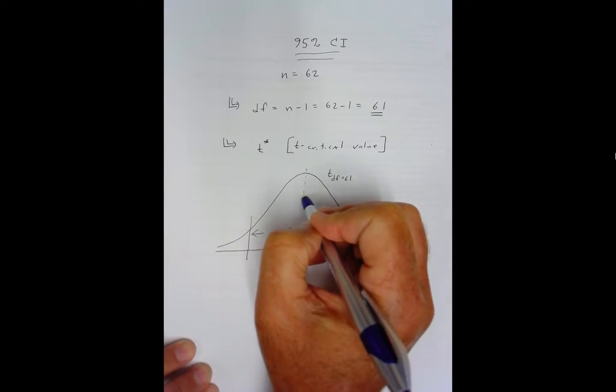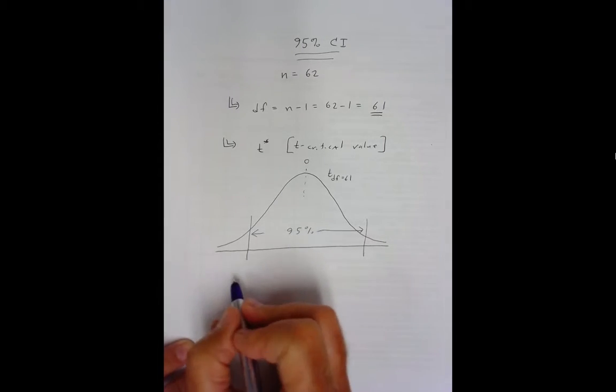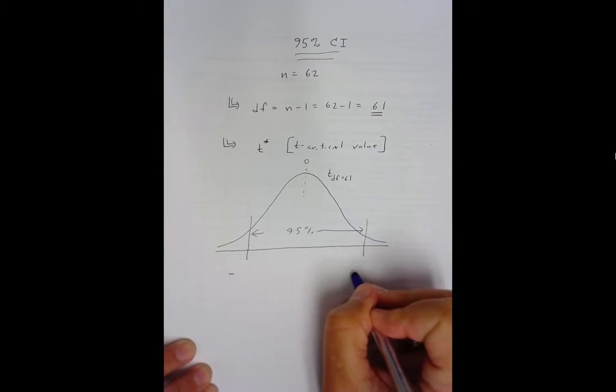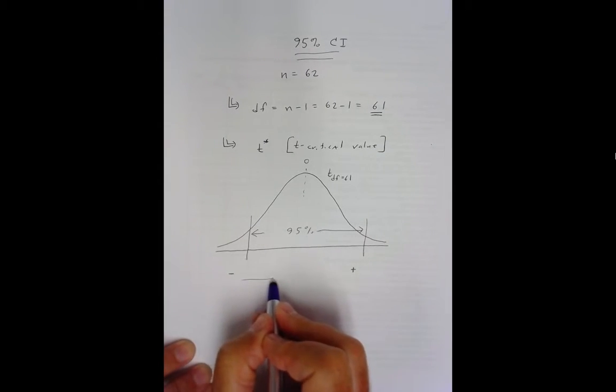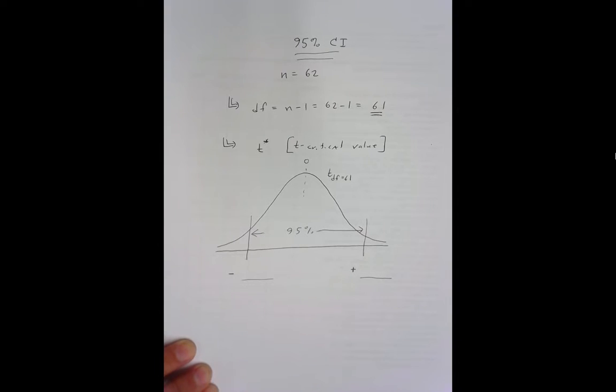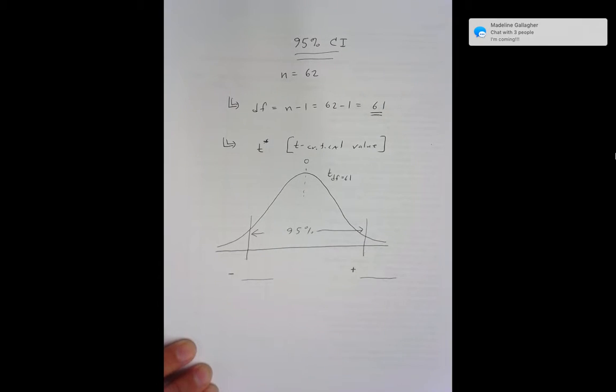Now you can think about, again, the mean of 0 is in the center of our distribution. We have perfect symmetry just like in a normal distribution. So I know that this value over here has to be a negative, and this value over here has to be a positive. The number part, keeping it simple, is going to be the same number, again, because of the symmetry. Okay? Now, how do we do that?